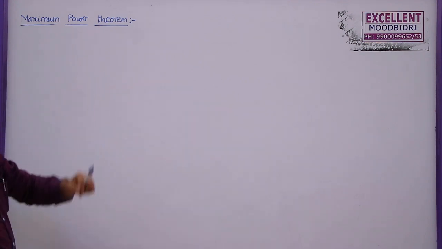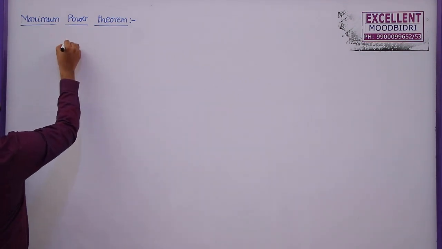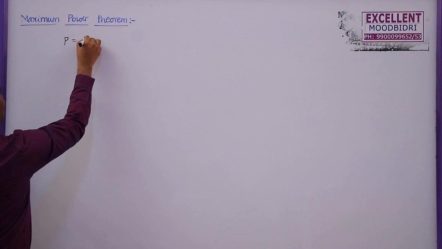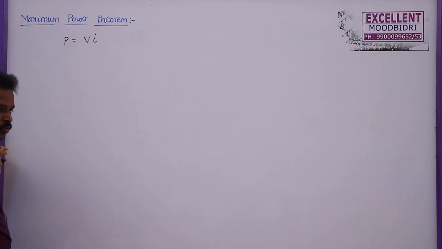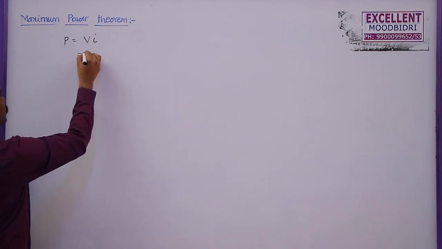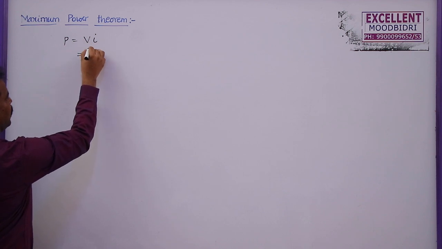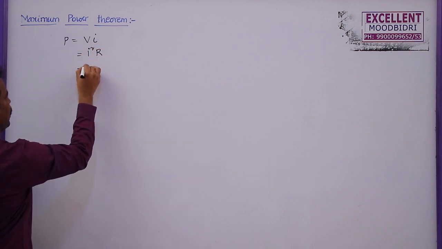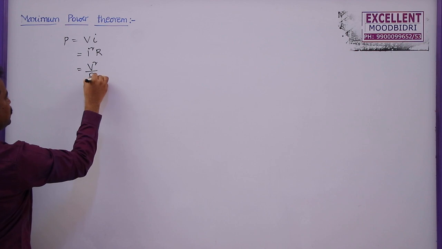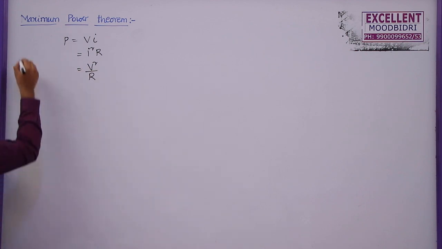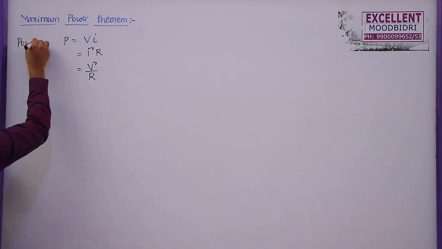Maximum power theorem. We know that the power is given by the product of current into voltage, and V is equal to IR. We can write I square R, which is also equal to V square by R. This is the power consumed by a resistor.